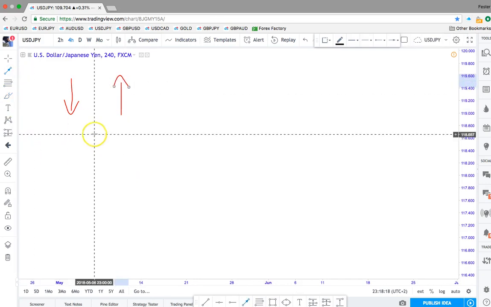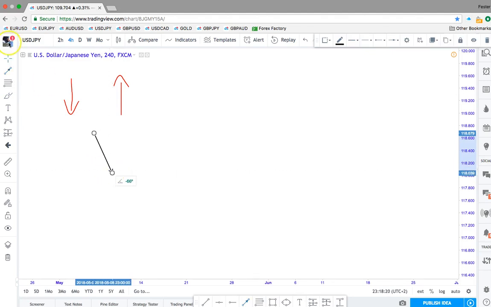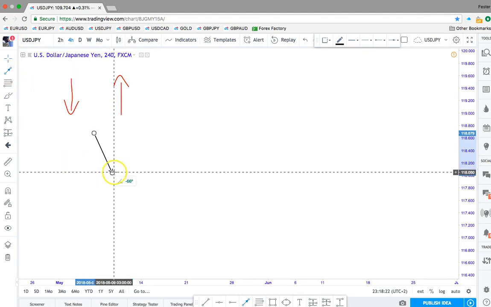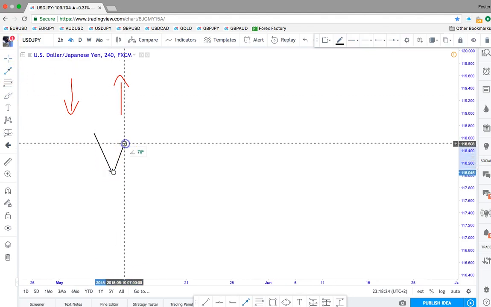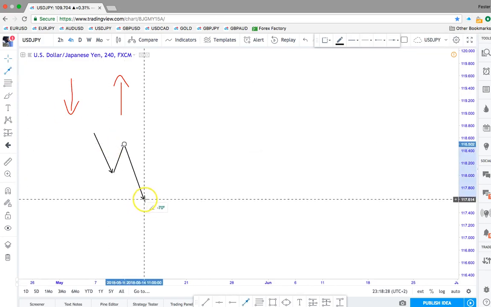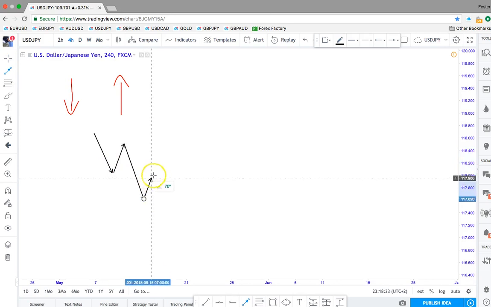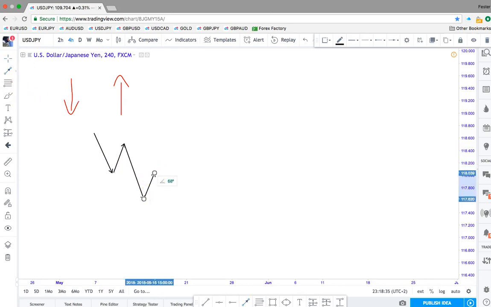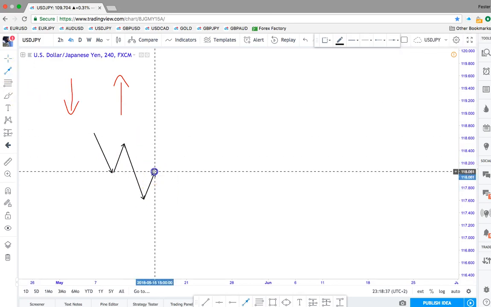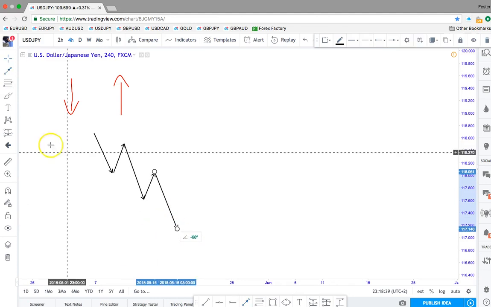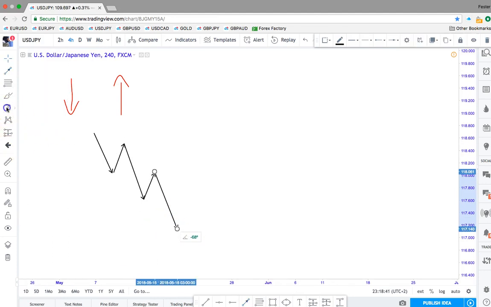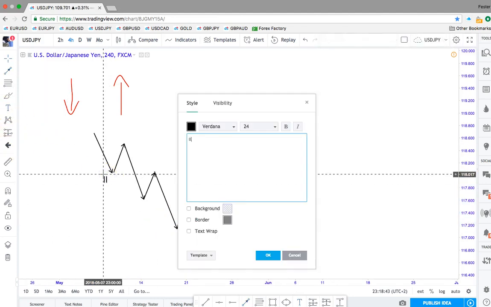So firstly, let's just draw the trend. The trend is down, it's doing this. So it's making lower lows.